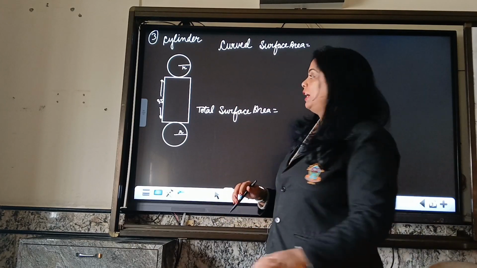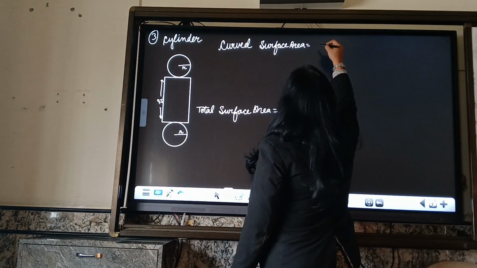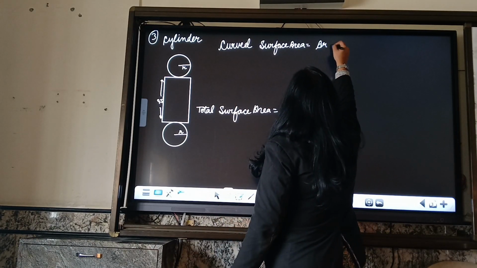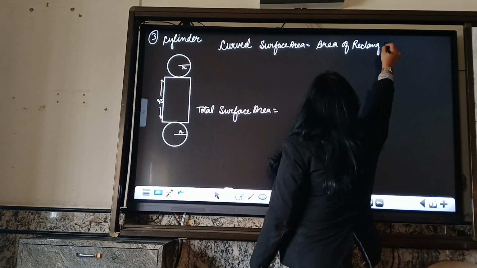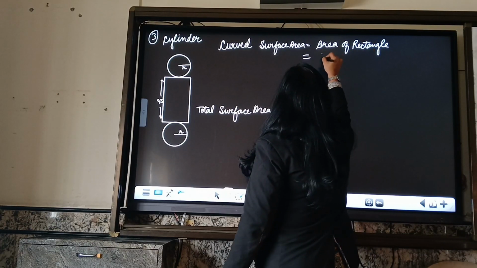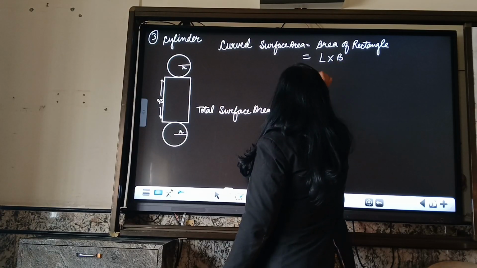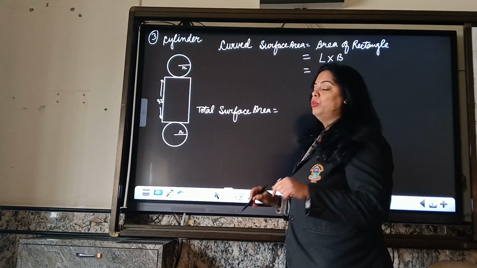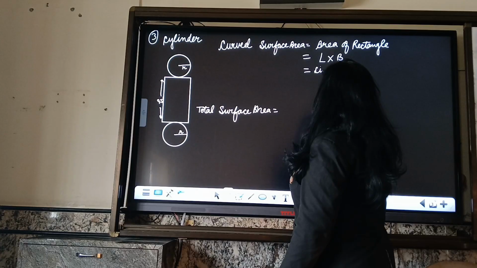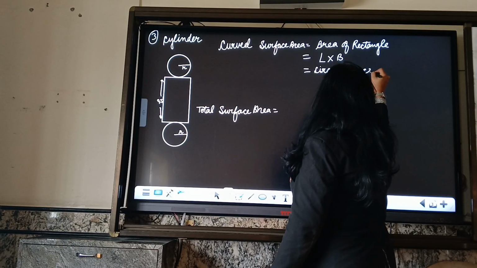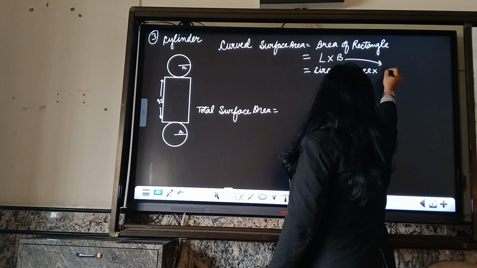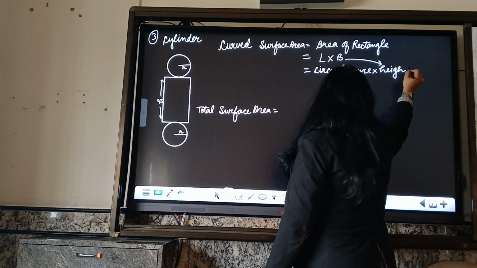So here I will write curved surface area, which is equal to the area of the rectangle. It is L into B, but my length has converted into circumference, and my breadth has converted into the height of the cylinder.